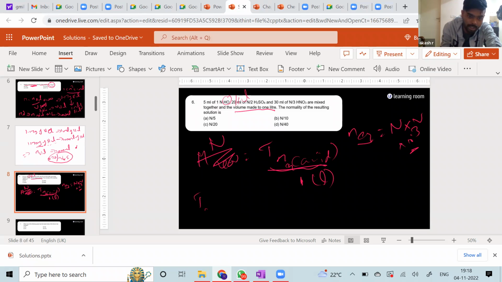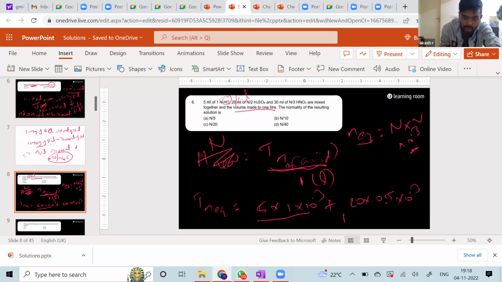So can I say total number of equivalents would be 5 into 1 into 10 to the power minus 3. That is for HCl, because it is 5 ml of 1N HCl. Plus 20 ml of N by 2, which means 0.5 N, into 10 to the power minus 3.